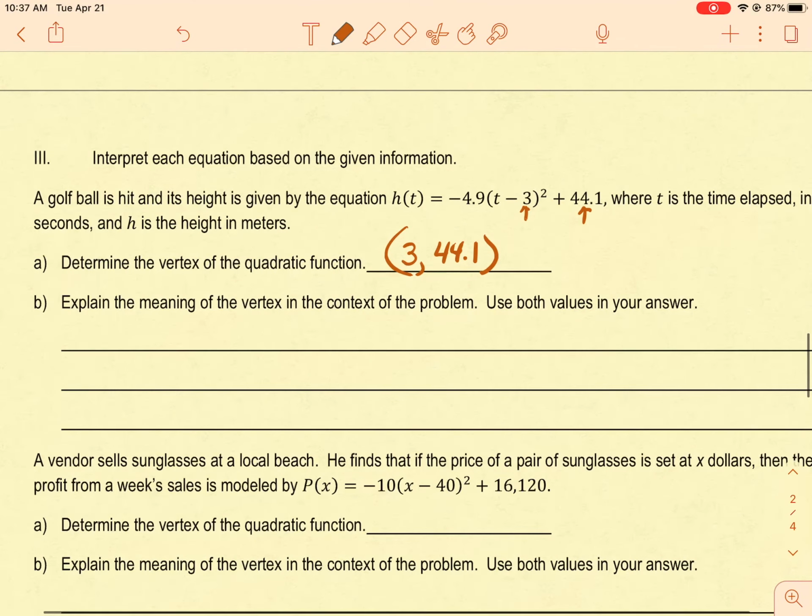Pulling from that equation, what is the meaning of it in the context of the problem? This first part, 3, is the time elapsed in seconds.